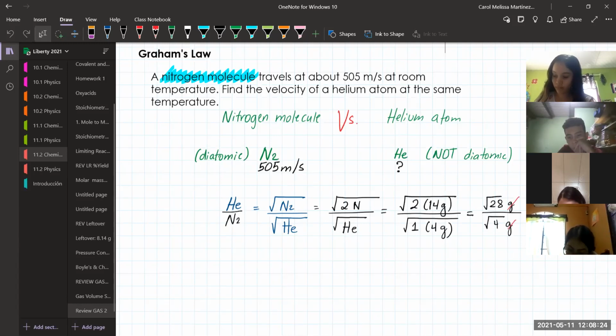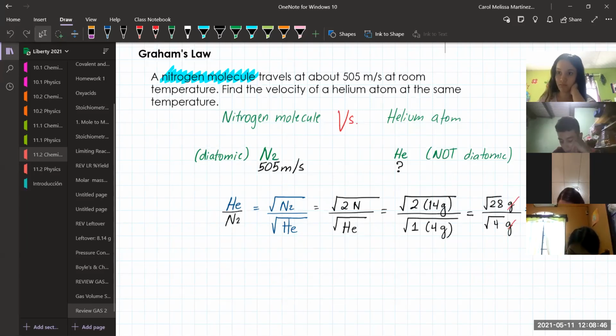So how much is this relationship? Square root of 28 divided by the square root of 4. How much is that? 2.65. This 2.65 means something.